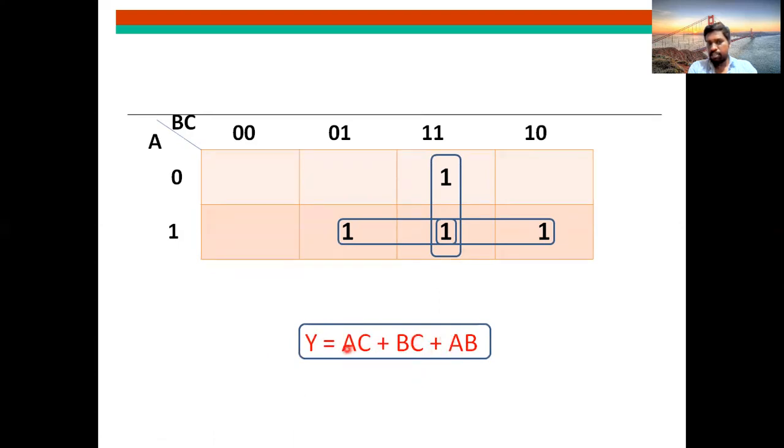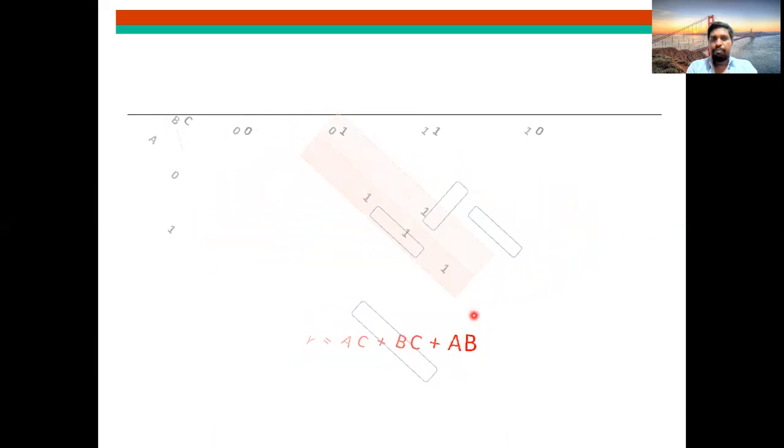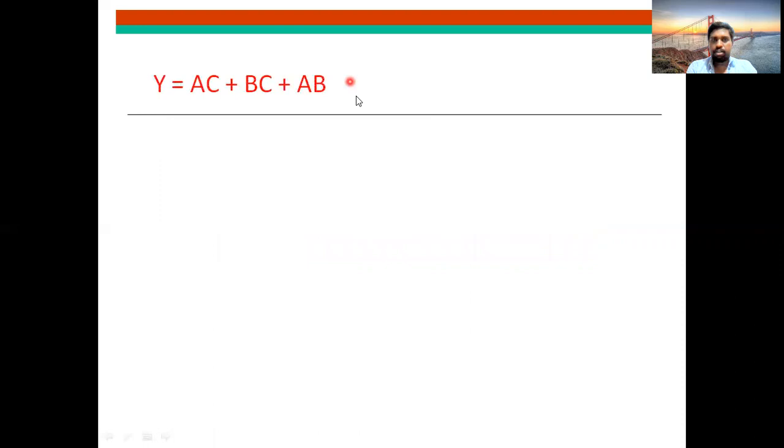For this particular expression, you should draw the logic diagram. So take this as a question and draw the logic diagram. How will you draw? We are having 3 product terms, so take 3 AND gates. Product terms means AND gates.